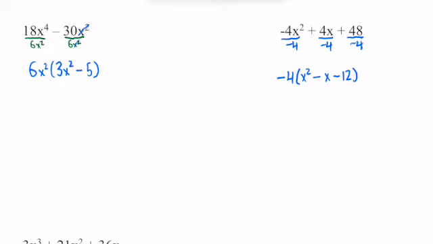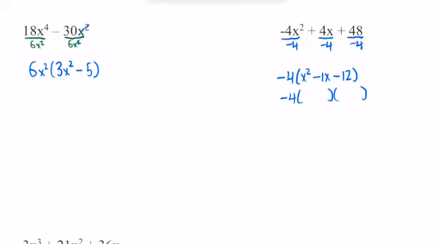I'm going to look at that middle term and think of it as a minus 1x, because here we're actually not done factoring yet. The reason is the parentheses that we're left with, x squared minus 1x minus 12, we can factor and break apart into two binomials. Notice the negative 4 doesn't go away.